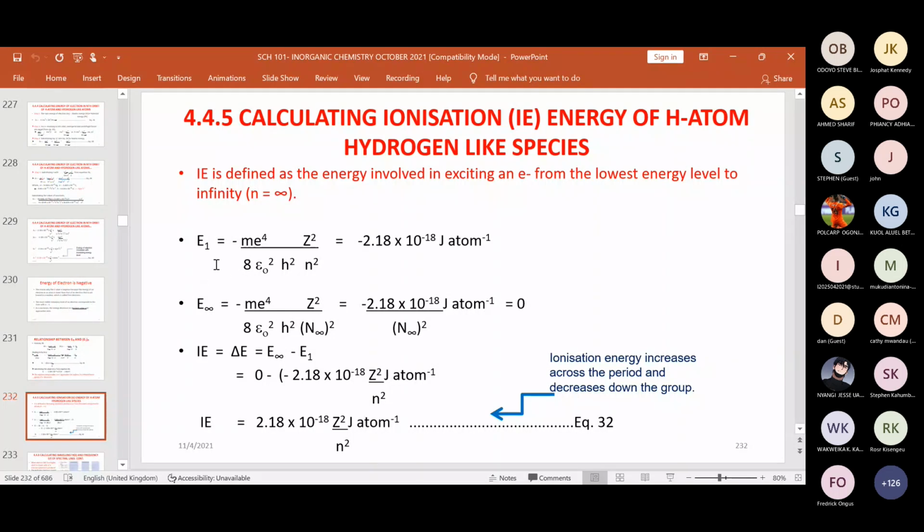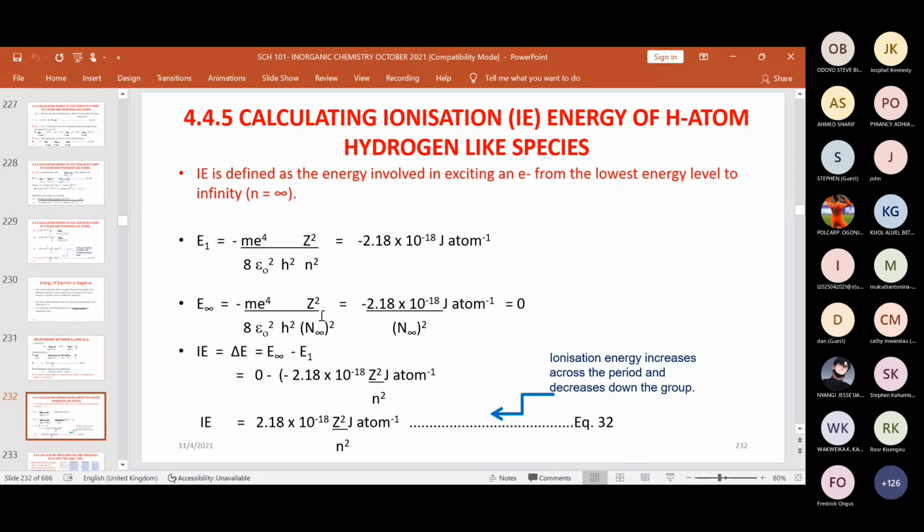To do that, let's see if the electron is in the first energy level, and then you are transferring to energy level infinity. So we have the first equation for the first energy level, then the second equation for infinity energy level. Then we need to subtract the energy change. The energy change is equal to the energy of infinity energy level minus the energy of the first energy level.